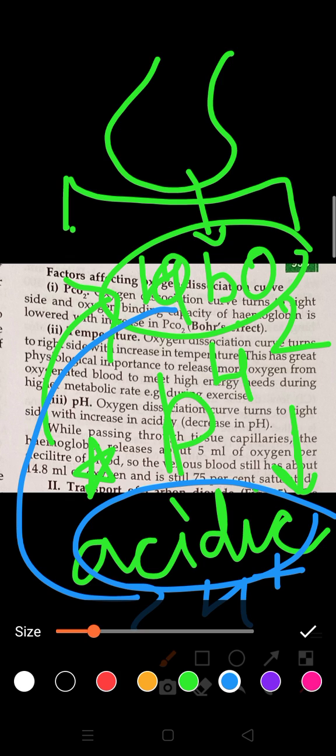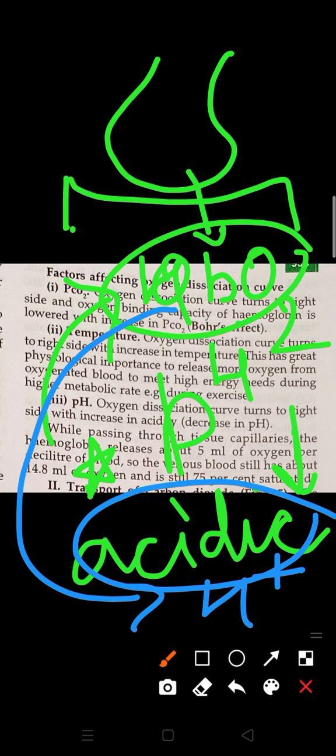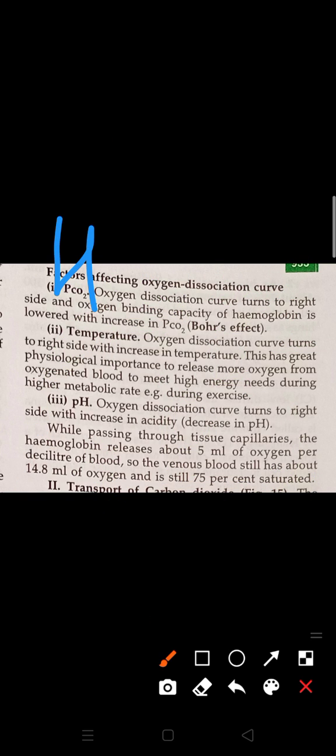Are you getting my point? If more proton ions are there, which decrease the pH of blood, then these protons combine with HCO3, the bicarbonates. The protons released when oxyhemoglobin is forming combine with HCO3 ions.